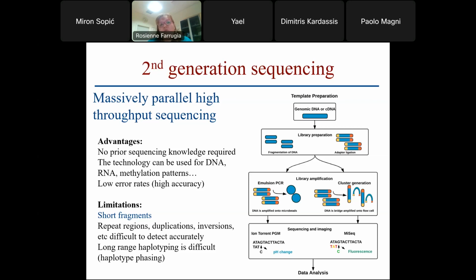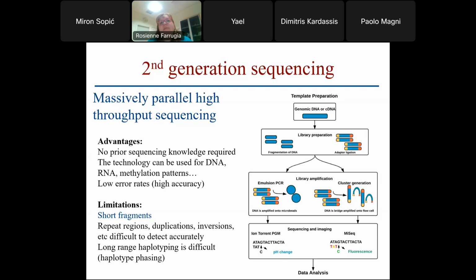And it is very difficult also to carry out long-range haplotyping. It's possible, but difficult. By long-range haplotyping, I mean if we find 3 or 4 variants within a gene in an individual, how can we figure out if they're on the same allele or on a different allele? Because that, of course, determines whether a person is, in essence, heterozygote or homozygote or compound het for variants within a gene.